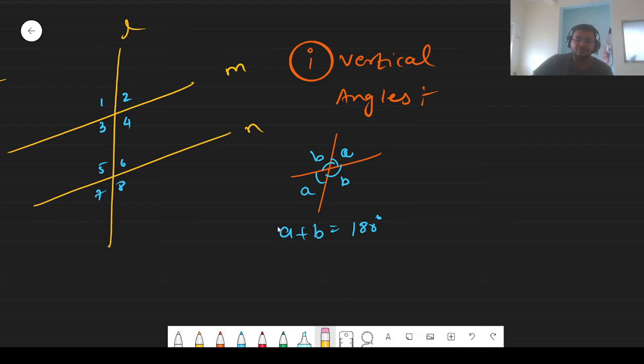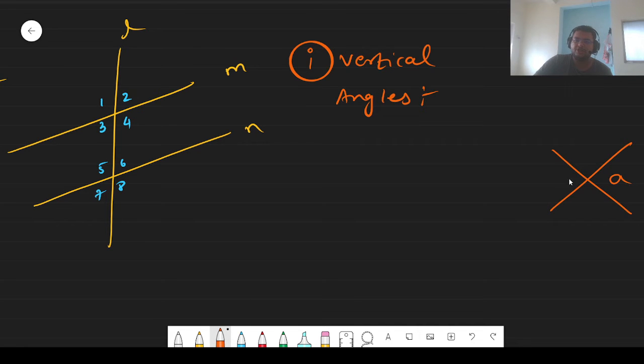Okay. So this is just a basic understanding. So what are vertical angles? Vertical angles are those angles which, if I draw like this is A, then this will also be A.